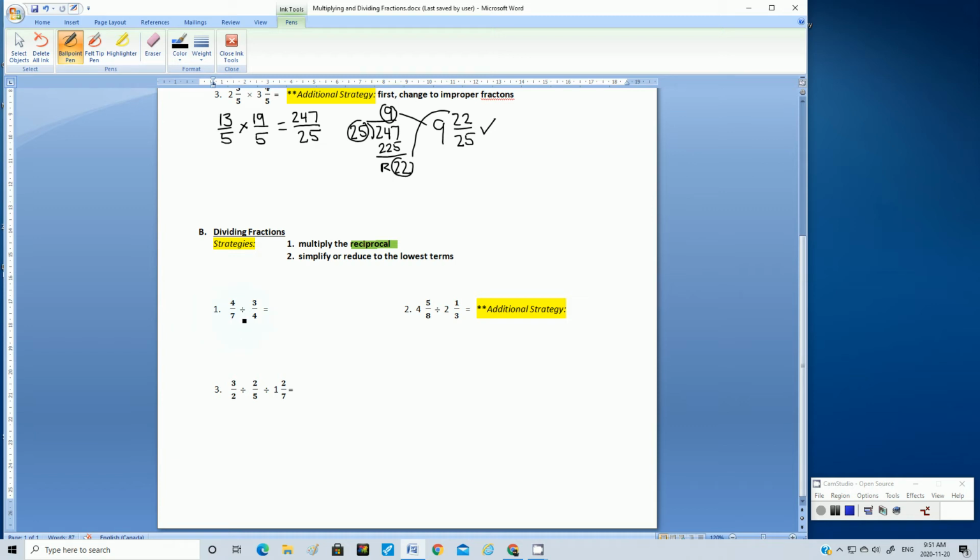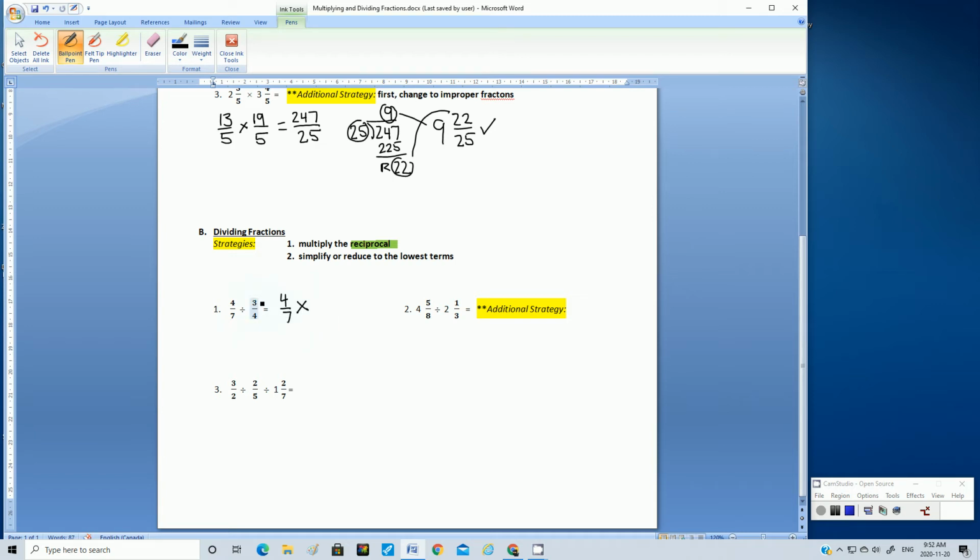All right, so let's have a look at question 1. 4/7 divided by 3/4. In a division question, our first fraction doesn't change. But what we want to do is change a division question into a multiplication question. So that's what this is called, multiply the reciprocal. So instead of dividing, we're actually going to multiply. Strange.